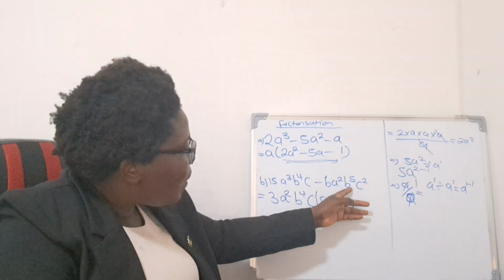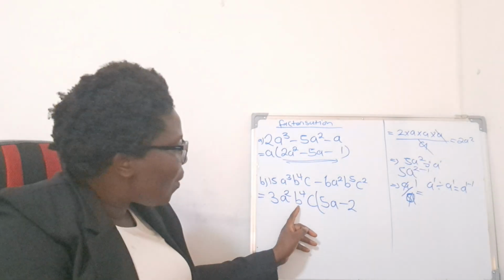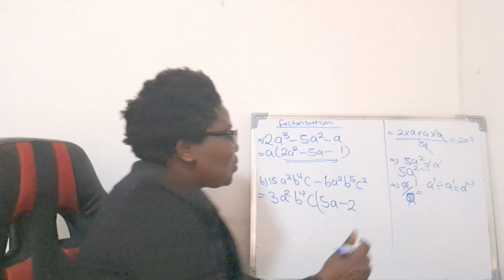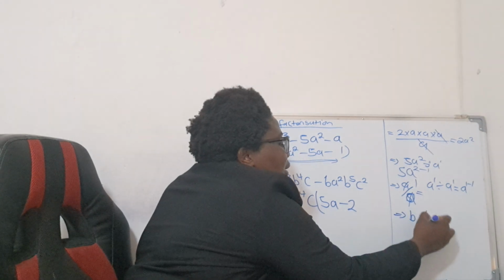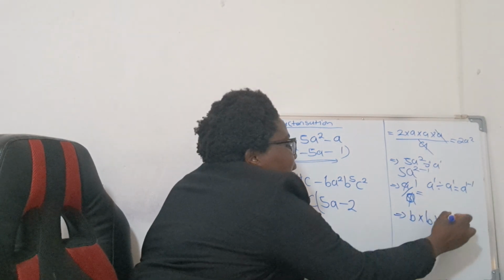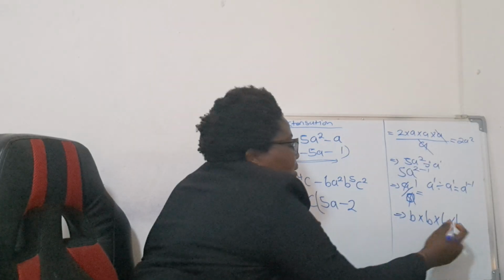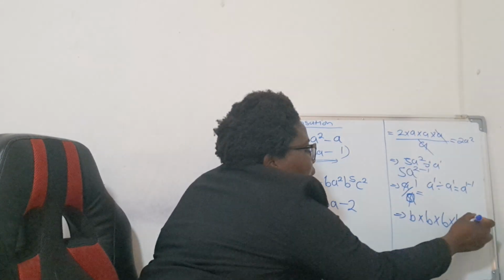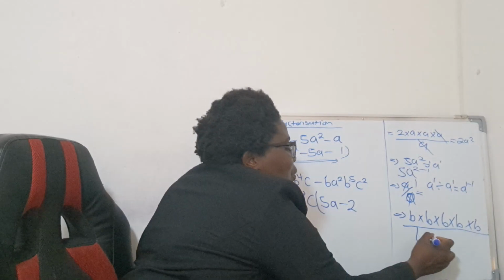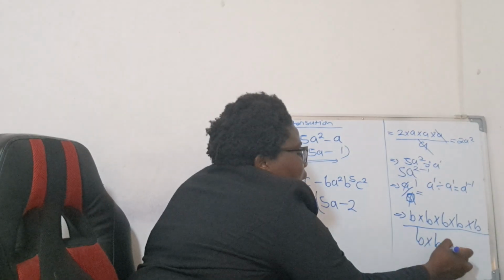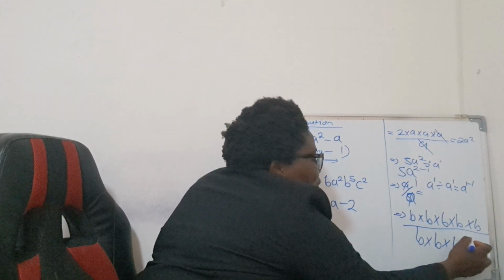Then we have b to the power 5 divided by b to the power 4. How do we do that? Let's do this again for those who missed the previous one. There are 5 b's: 1, 2, 3, 4, 5. And we divide it by b to the power 4, that's 1, 2, 3, 4.